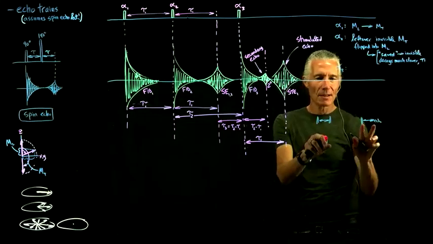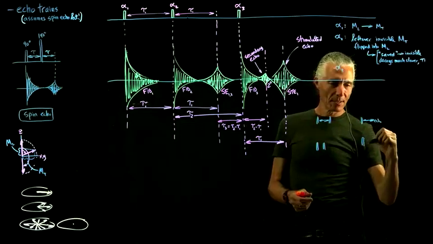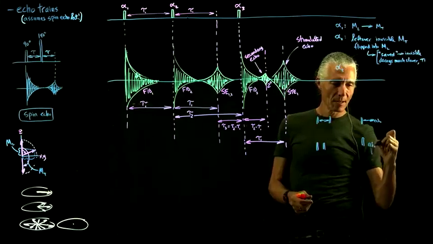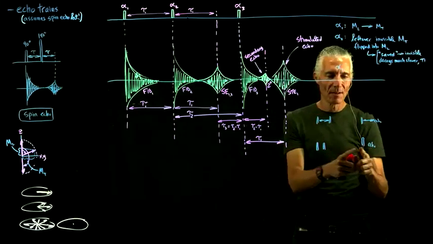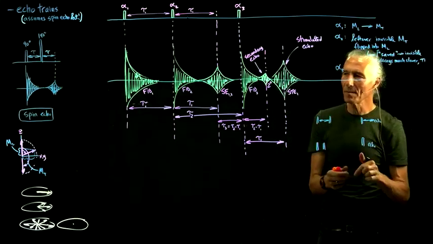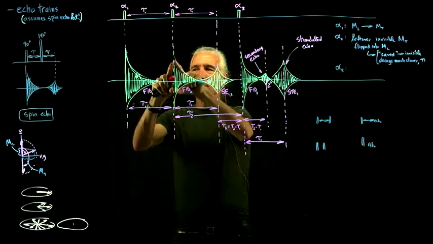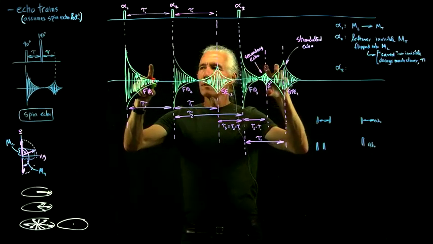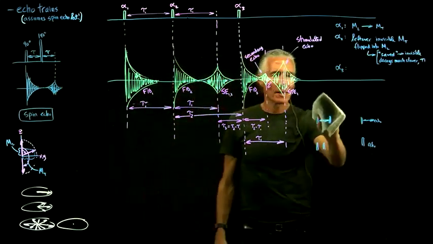And if you put these pulses closer together, the echo will occur exactly where you'd expect it to: the same amount of time after the third pulse as between the first and the second pulse. So if I moved this pulse closer this way, it would move this echo closer this way. So it looks like a spin echo. It's kind of like a weird spin echo that has a delay.